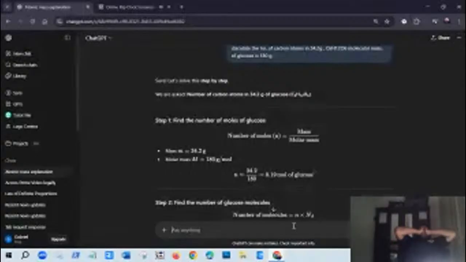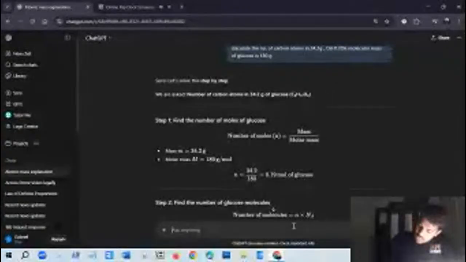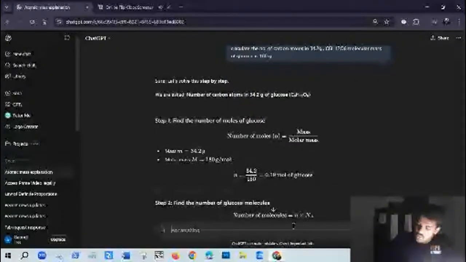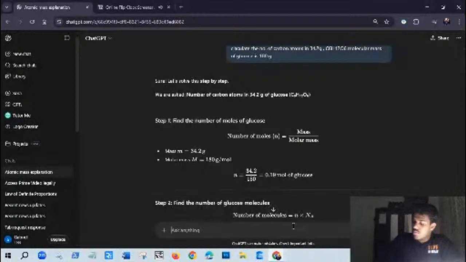Molecular mass and molar mass are almost the same. First we find the mole. Mole is equal to mass, which is 34, divided by molar mass. We get 0.19 mole.